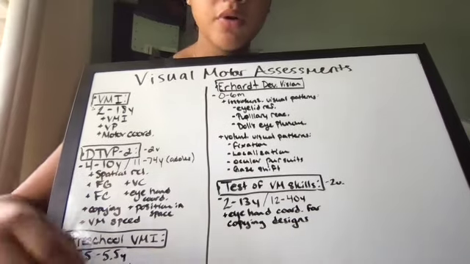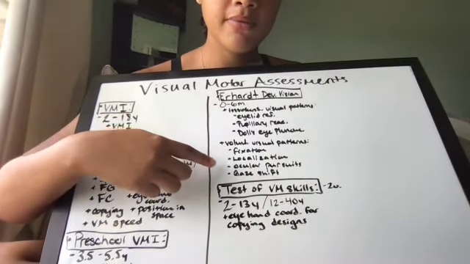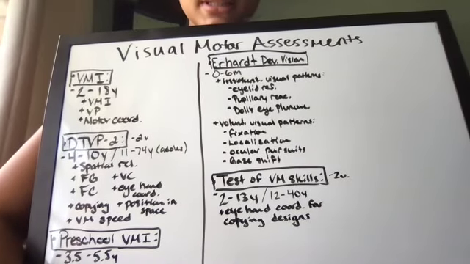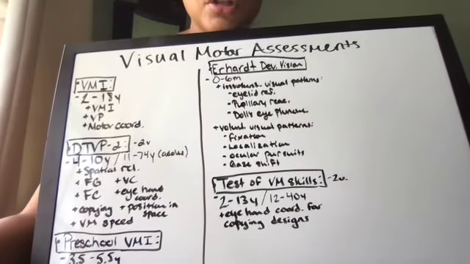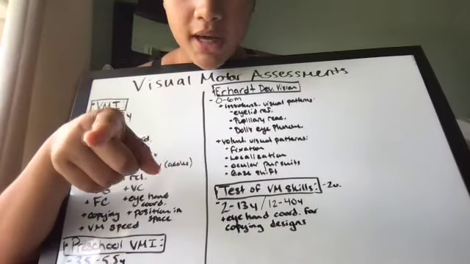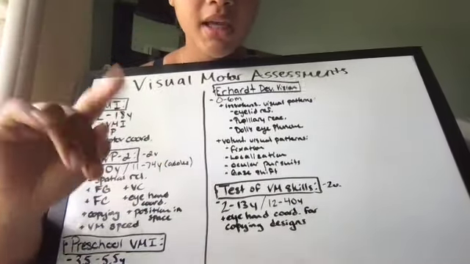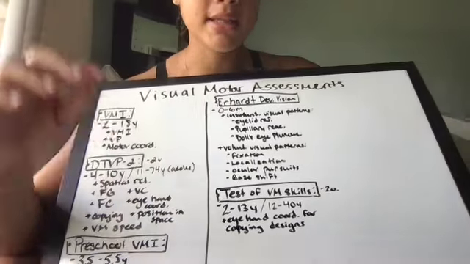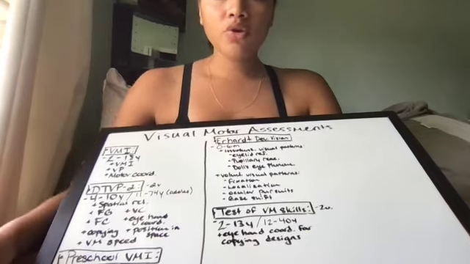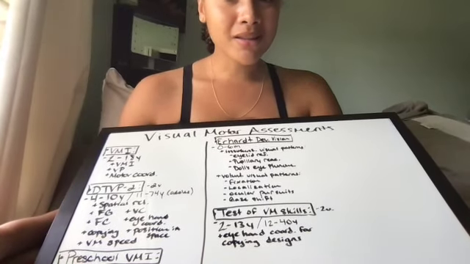All right, let's move on to some of the voluntary visual patterns. First up, we have fixation. This is when the eyes are able to remain fixed on an object for a duration of time. In the EDVA, how this might be tested for infants 0 to 6 months, you might use black and white patterns.